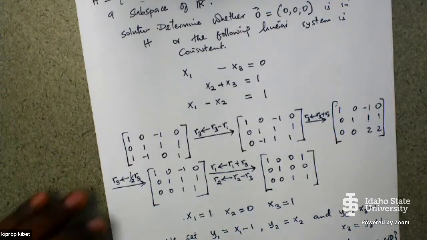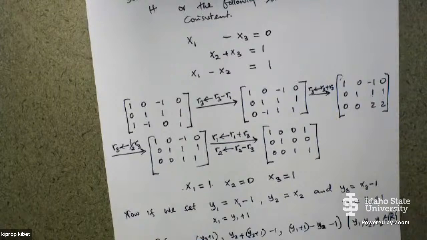Then if we simplify this, what we get is y1 minus y3, y2 plus y3, and y1 minus y2, for all y1, y2, y3 elements of real numbers.